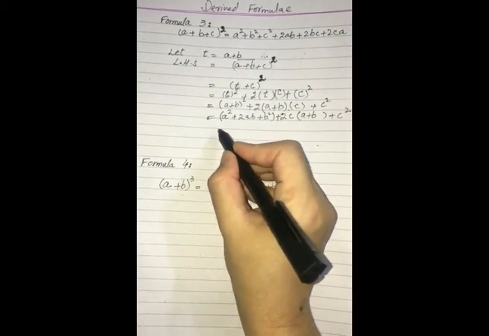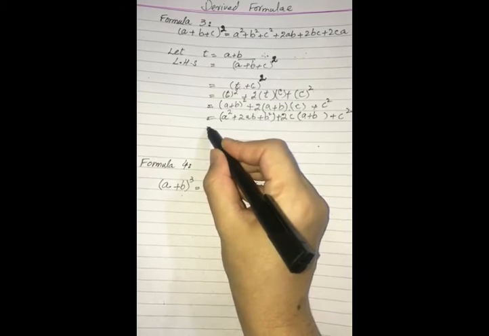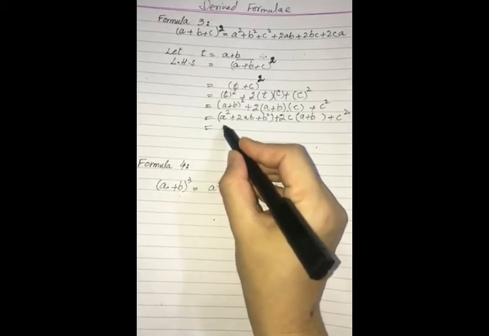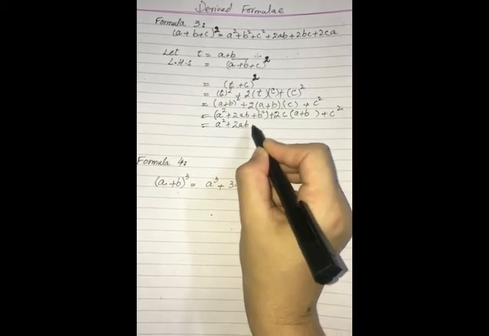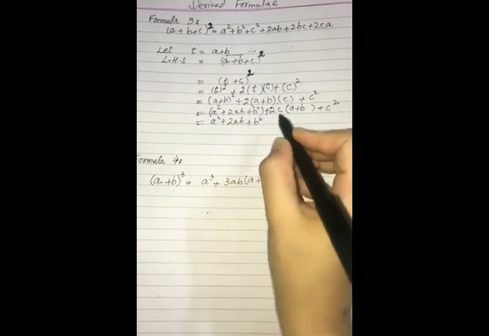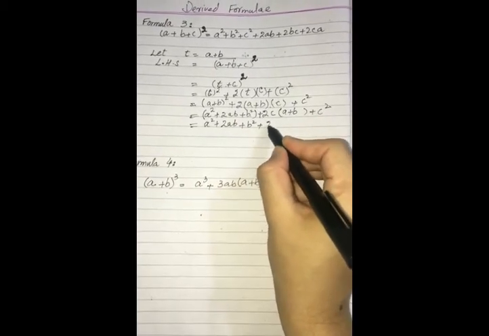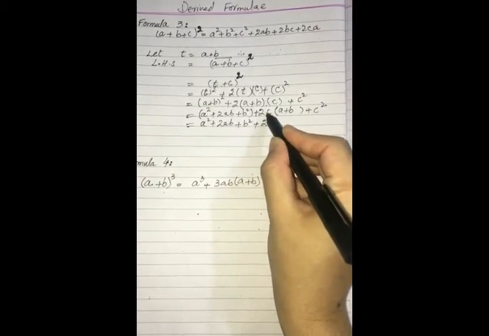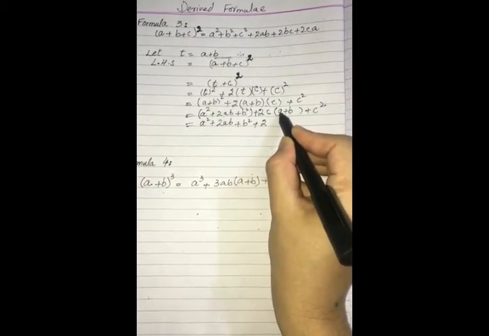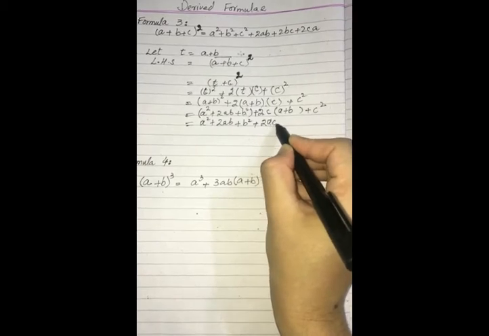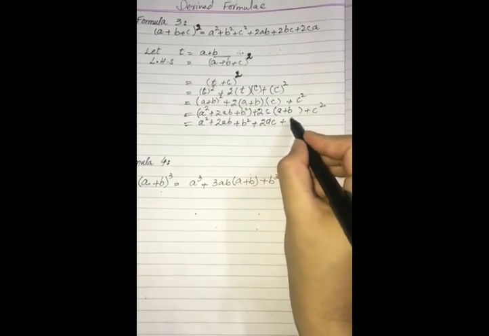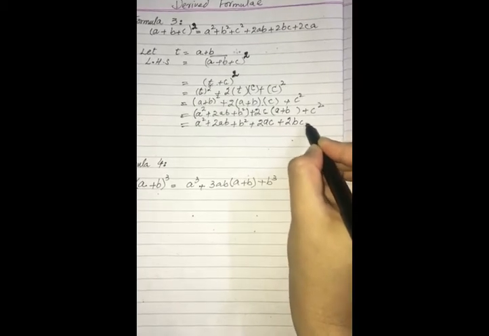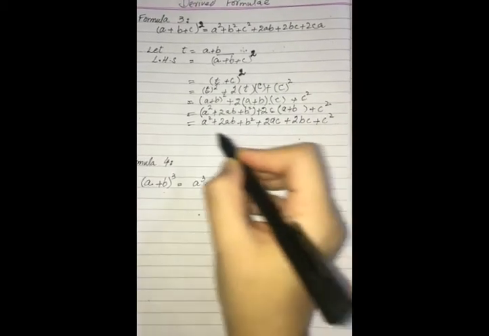Next step is to expand these brackets. A square + 2ab + b square + 2c will be multiplied with a, so 2ac, + 2c will be multiplied with b, so it would be 2bc, + c square.